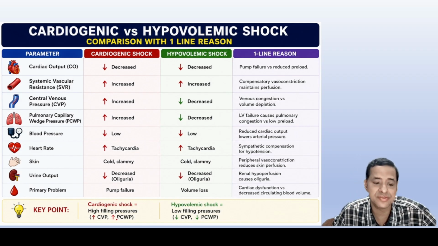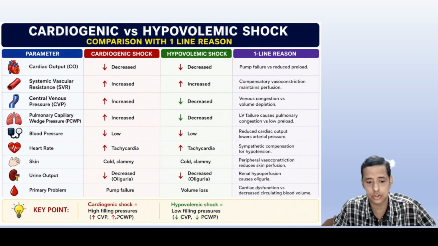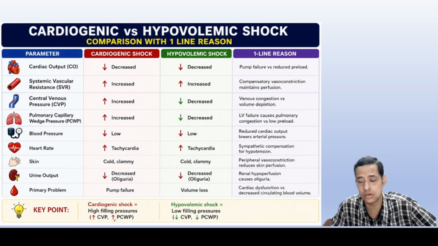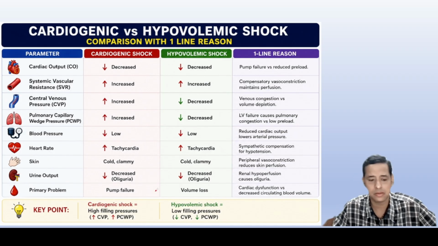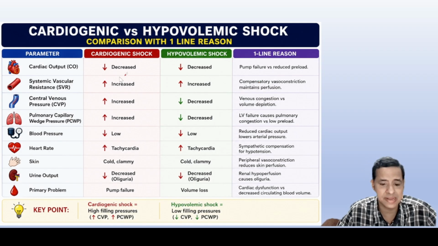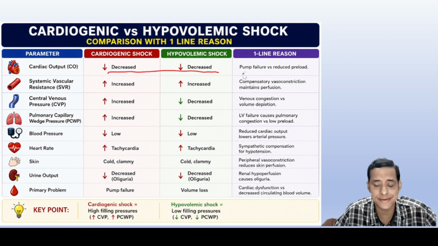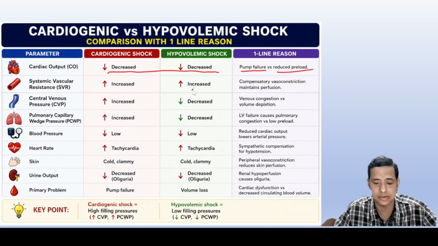So these are the differentiations between cardiogenic and hypovolemic shock. We already discussed this in a previous topic, but I want to enhance it with clinical and pathological reasoning. Cardiac output is decreased in both states. The reason in cardiogenic shock is pump failure, and in hypovolemic shock it is reduced preload.